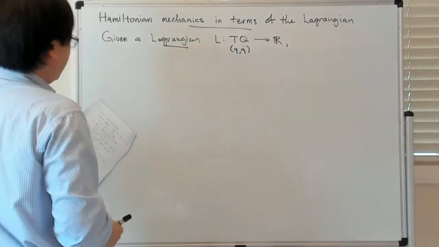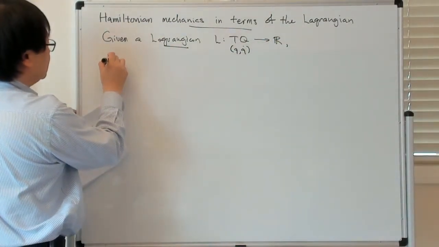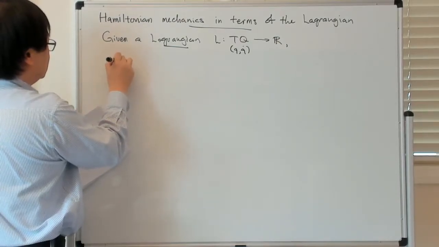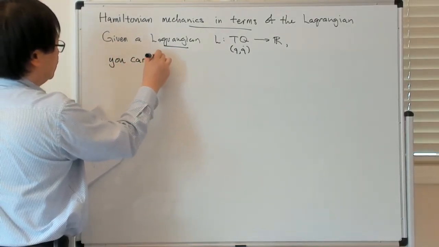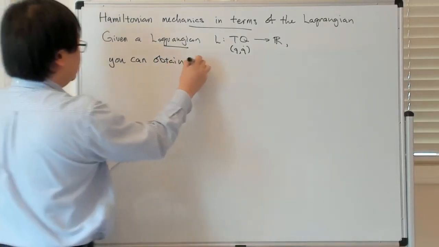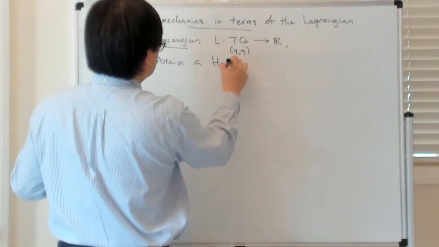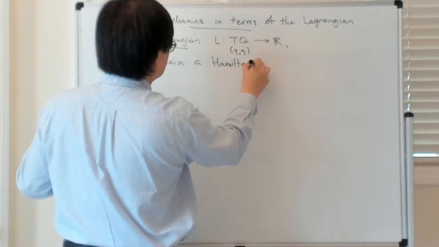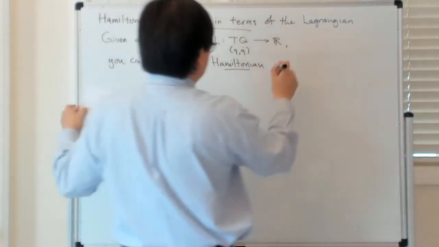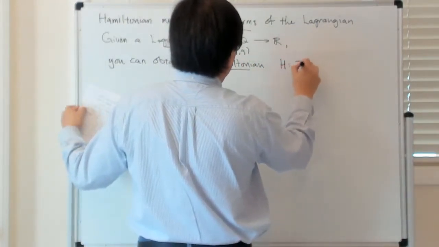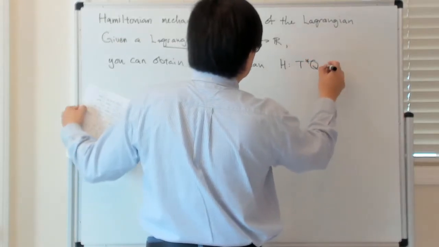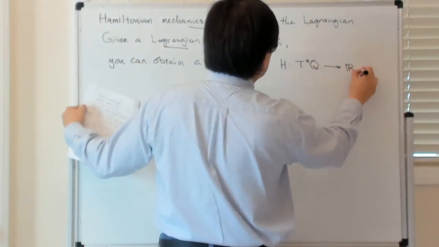Okay, and then from this, you can obtain a Hamiltonian denoted by H, which is a map from the cotangent bundle to the configuration manifold to the reals.